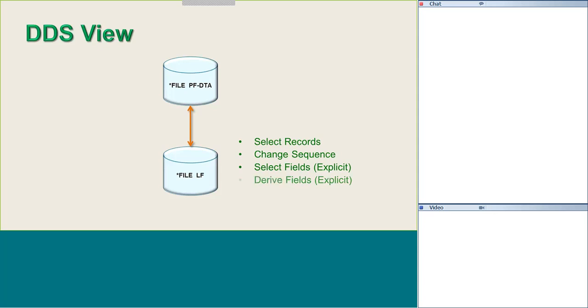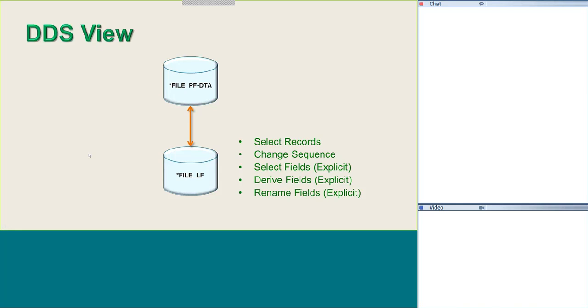Okay. And you can derive fields. That's by explicit definition as well. You can concatenate two physical file fields into a single logical field, or you can split a physical file field into multiple logical file fields. And you can rename fields. Why you would do that, I wouldn't know.